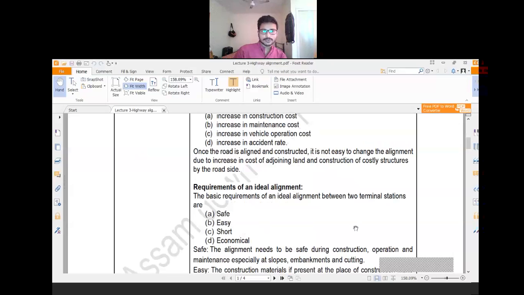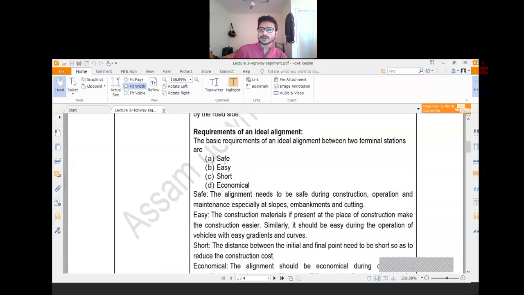Now, there are different requirements for an ideal alignment. It should be safe, it should be easy, it should be short, and it should be economical. Safe is in terms of construction, operation, and maintenance. Whenever we are constructing the road, it should be very safe for the construction.